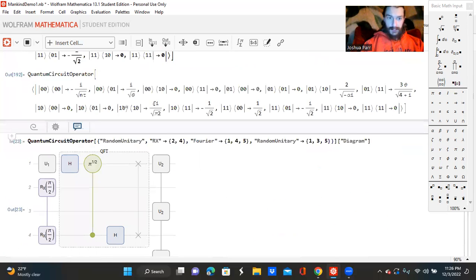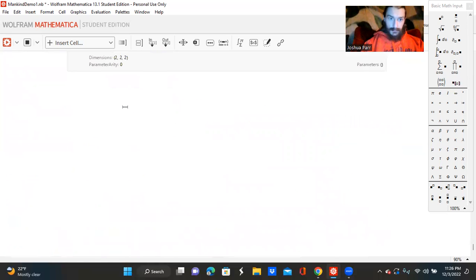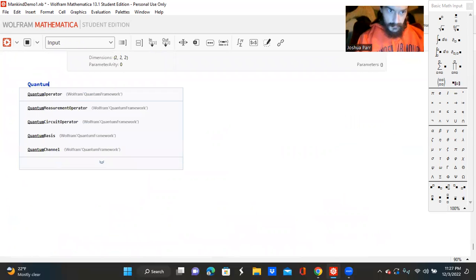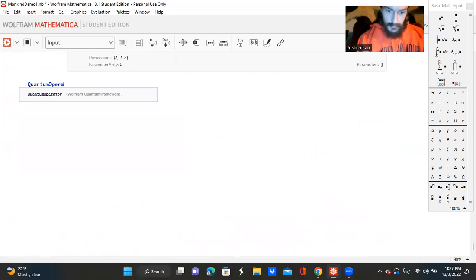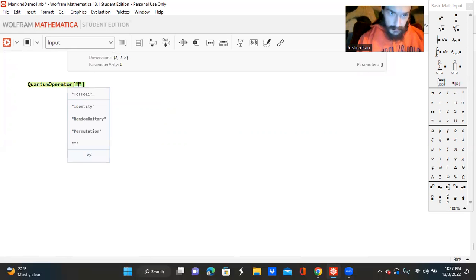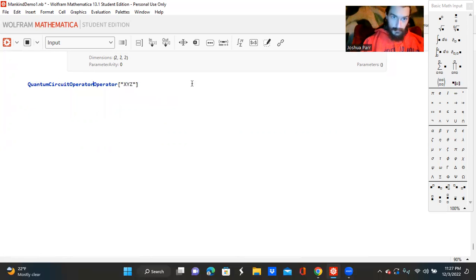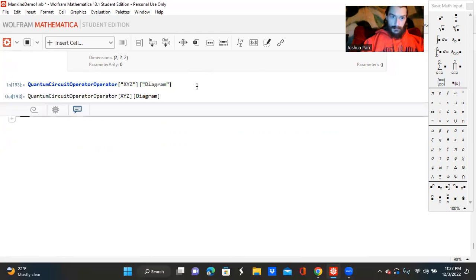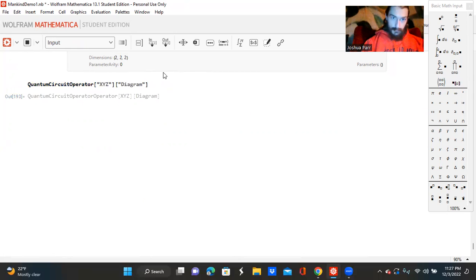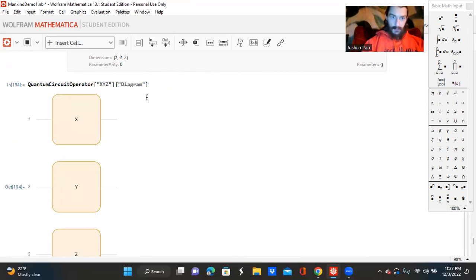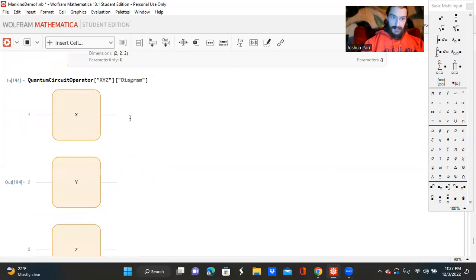Another thing I wanted to show: quantum XYZ diagram, YZ, just like so, and that's how it recognizes it.